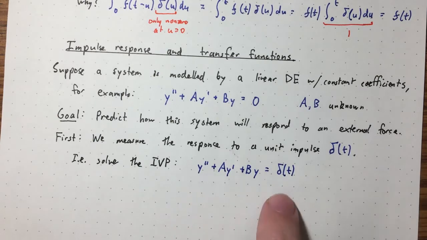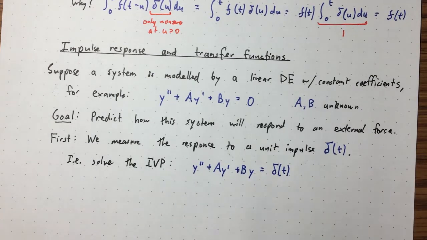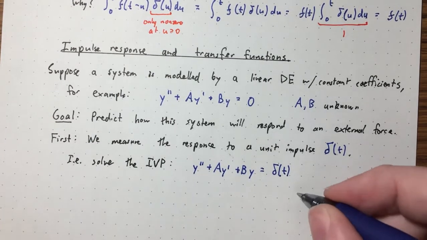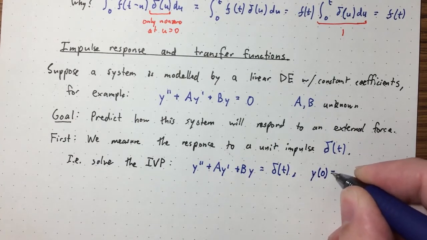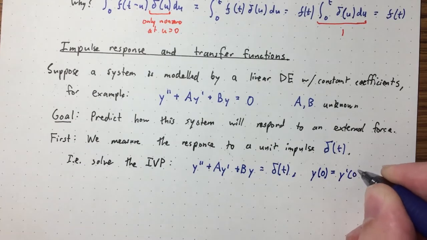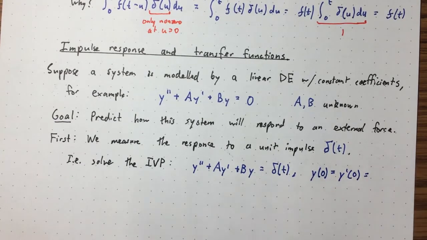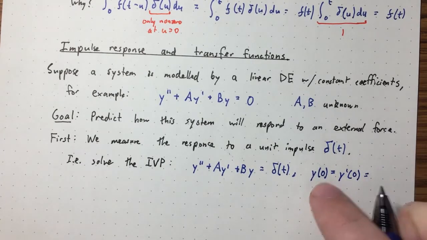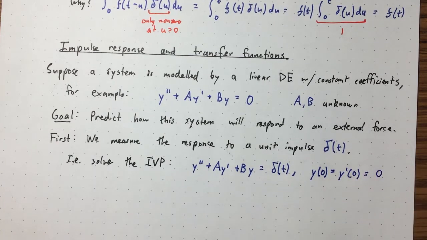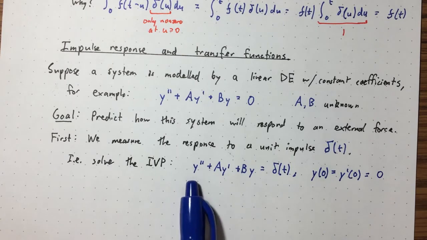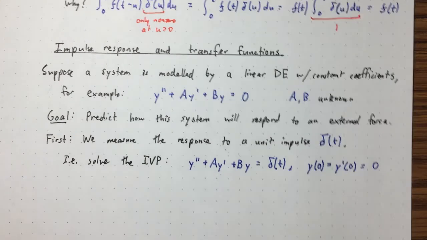So in a circuit, for example, it could just be some pulse of energy, unit impulse. It's also important actually that we do this when the system is at rest. So we want both the value at 0 and the derivative at 0 to be 0. Okay, whatever y is, whether it's the charge in a circuit or whether it's the position of a mass spring.